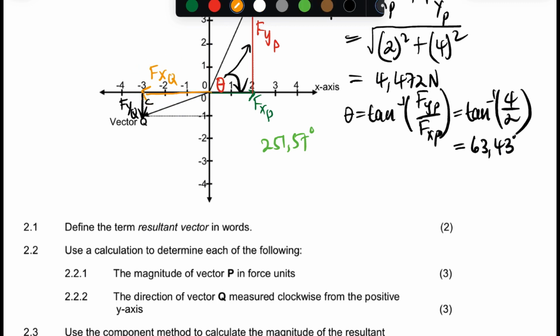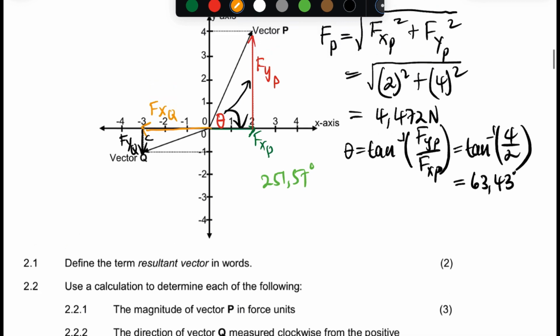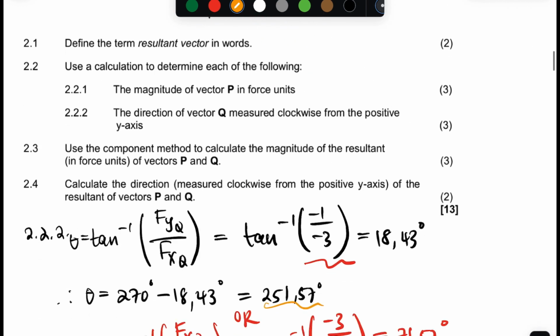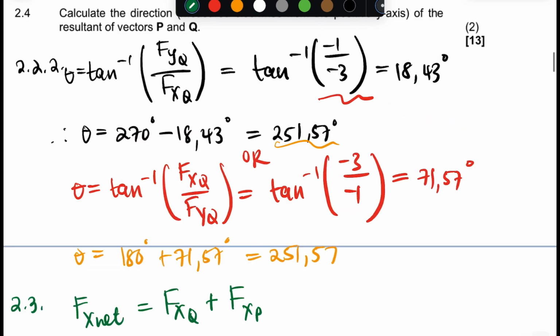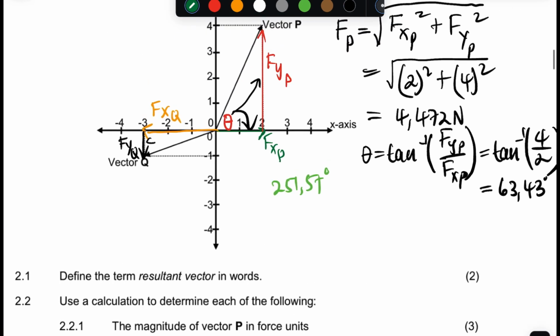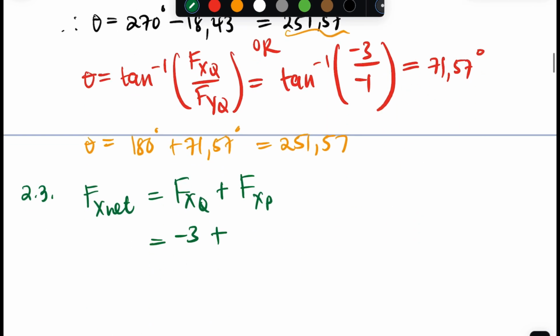What is the answer of f? It's negative 3. So it's negative 3 plus the fxp, which is going to the right, which is positive 2. So the answer here is negative 1 Newton, which is 1 Newton left.